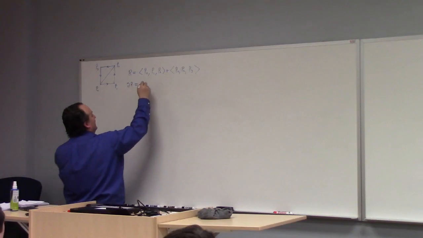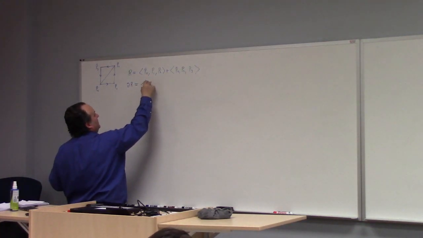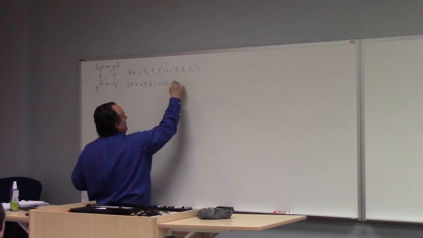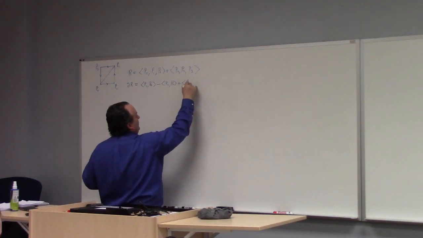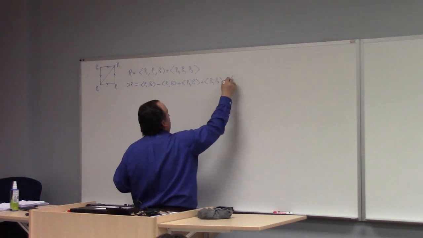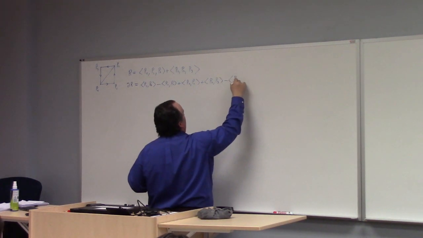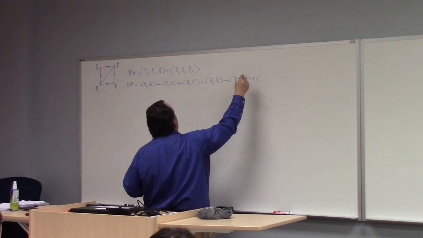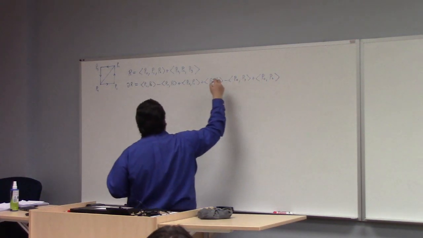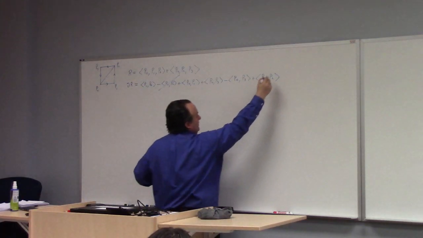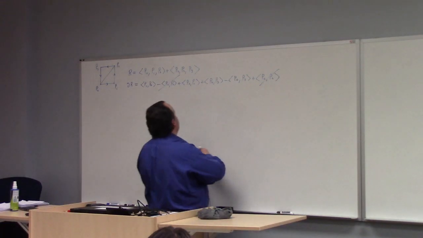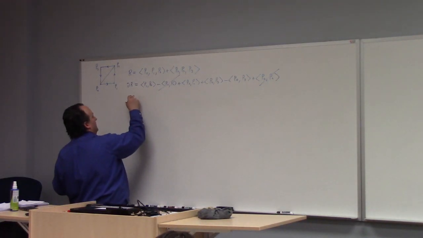the boundary is P1, P2 minus P0, P2 plus P0, P1 plus P2, P3 minus P0, P3 plus P0, P2. And if you look at that, what you're left with is exactly what you kind of expect, right?